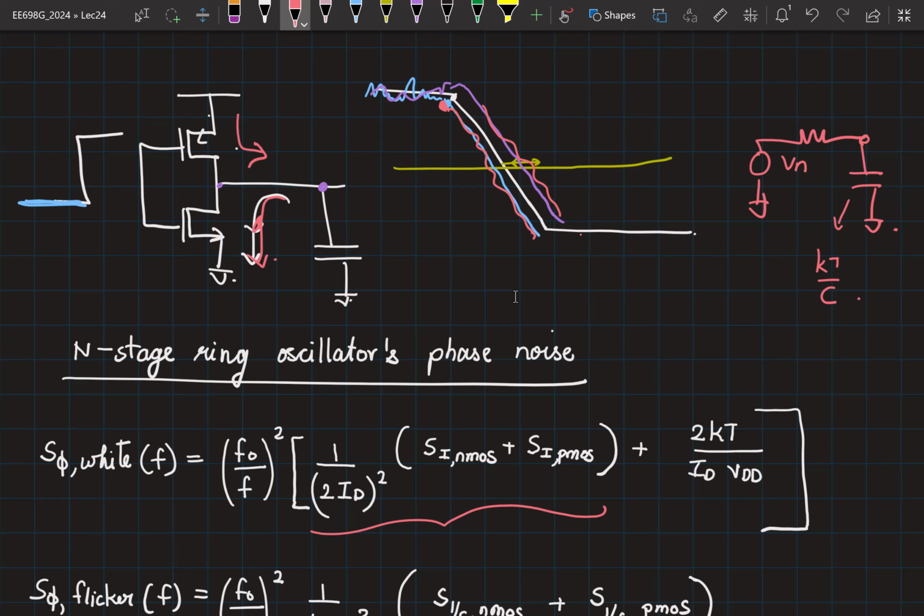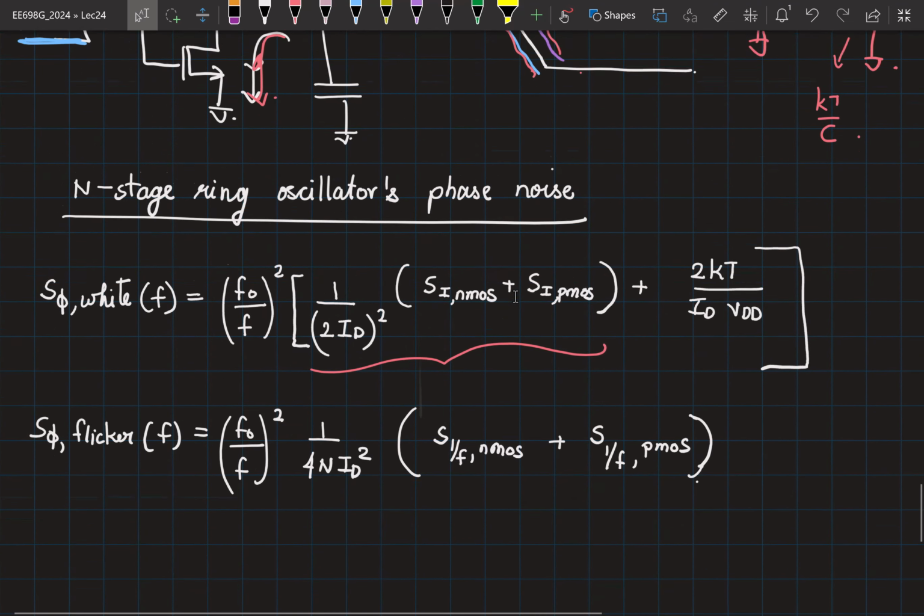It determines the starting point, and that is getting stored on a capacitor, right? So that has a similar effect as the KT by C. So this portion is coming because of the thermal noise drain current affecting how the capacitor is charging or discharging, and this portion is coming based on how the other transistor, which is not involved in charging or discharging, is affecting the starting point for the capacitor.